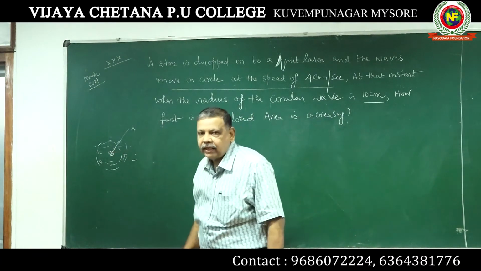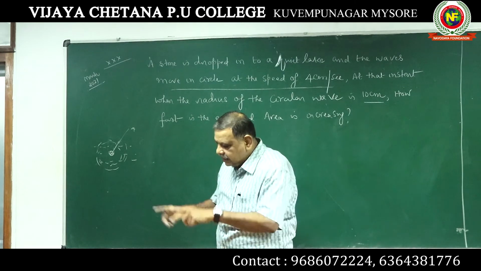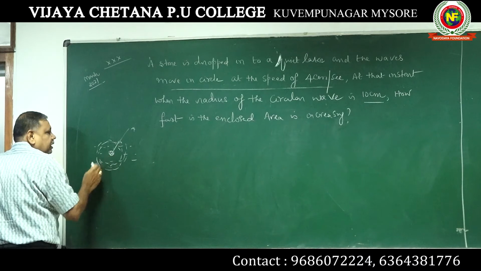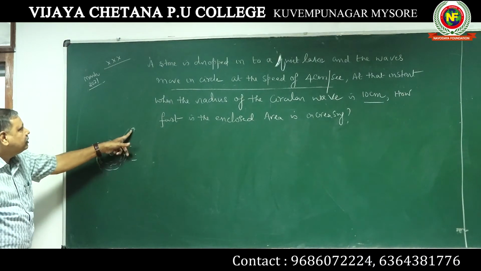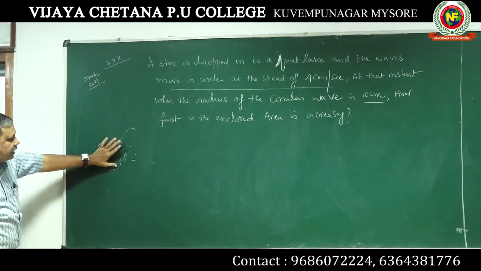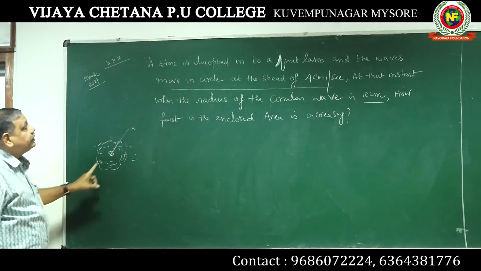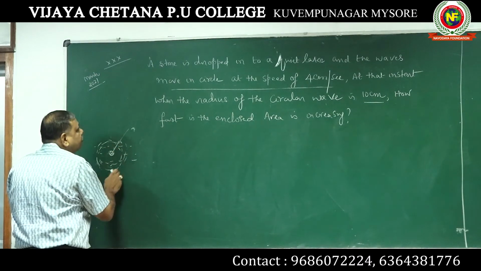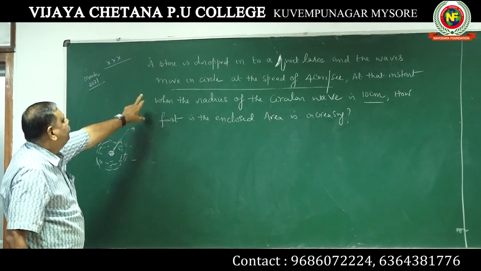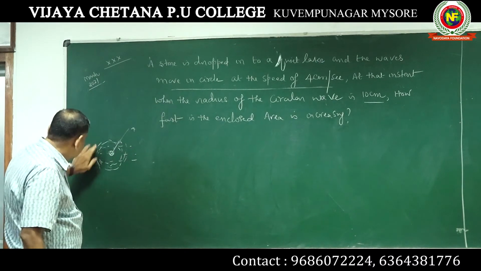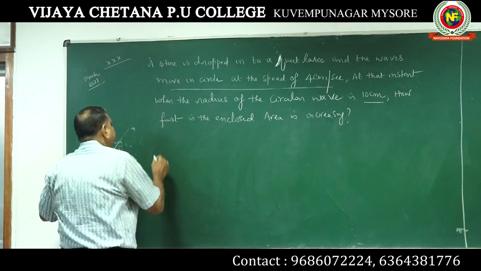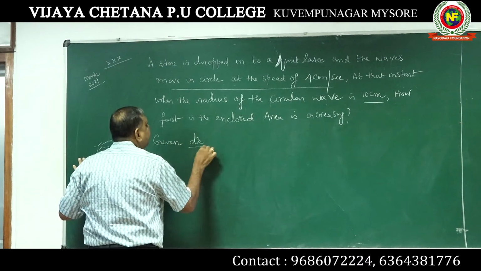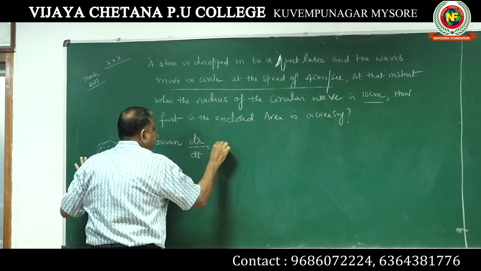It will start circulating. If the fellow is throwing a stone into a quiet, settled lake, the waves move in a circle like this at the speed of 4 centimeters. Always circular waves, meaning given dr by dt is 4 centimeters per second.